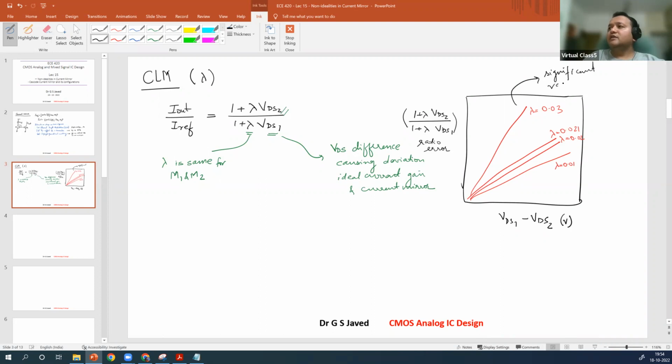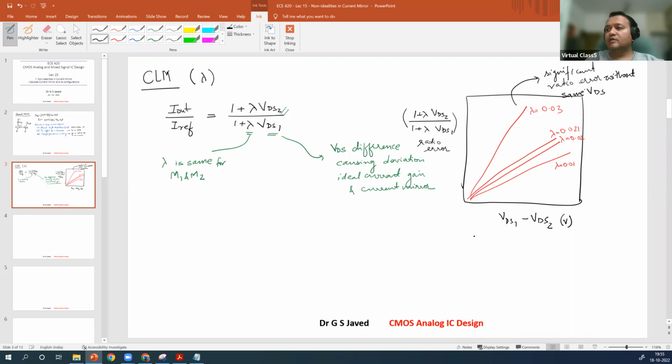Significant ratio error can appear even if you do not have same VDS, or when the transistors do not have same VDS. Second, the ratio improves with decreasing lambda.